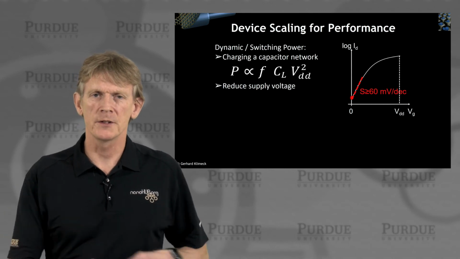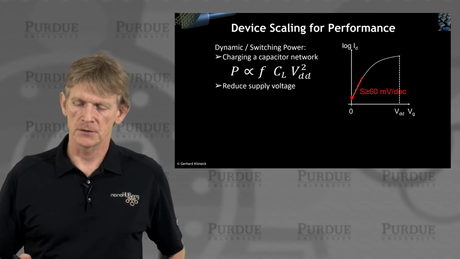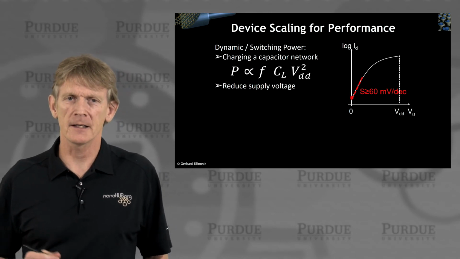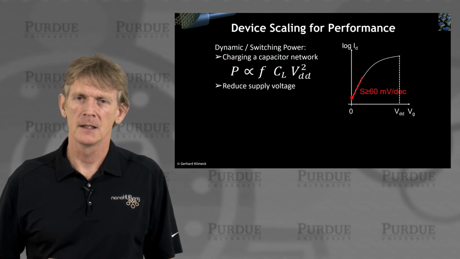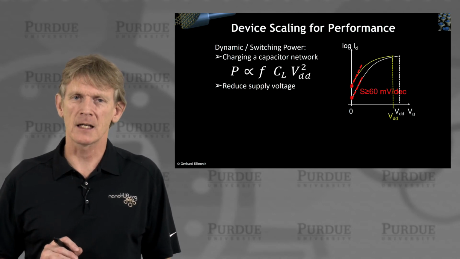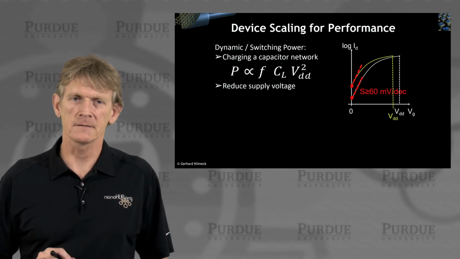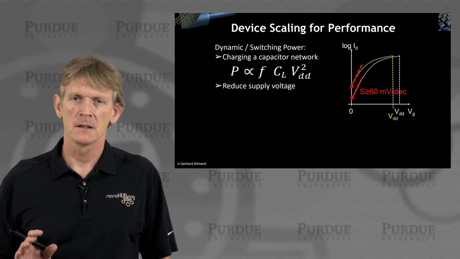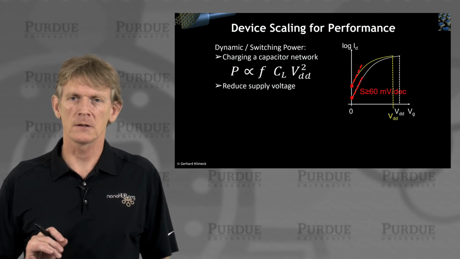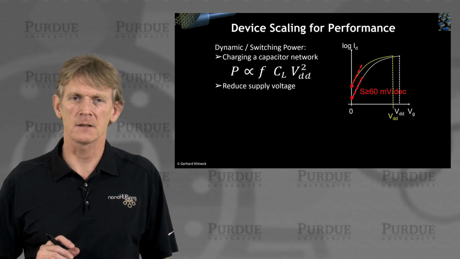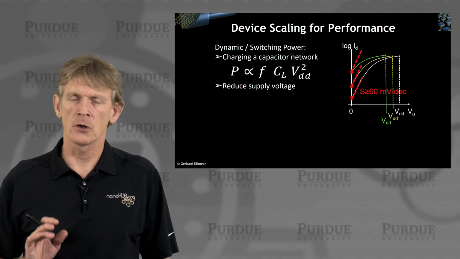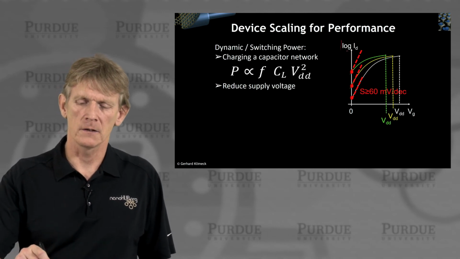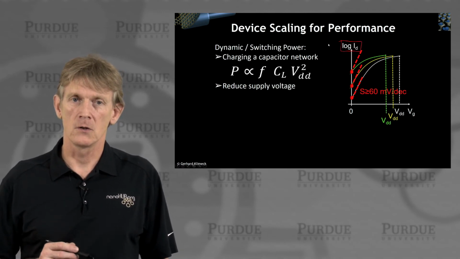So, now, what's the problem with reducing the supply voltage? So here's your perfect transistor operating at 60 millivolt. Again, most likely it's not quite as steep. What happens if you reduce this voltage, the VDD supply, right? It's kind of like taking the best transistor you have and shifting the voltage over, and we talked about how to do that with a threshold shift, etc. And you can shift it a little bit more, and notice that this current here, log of drain current, is on this log scale.